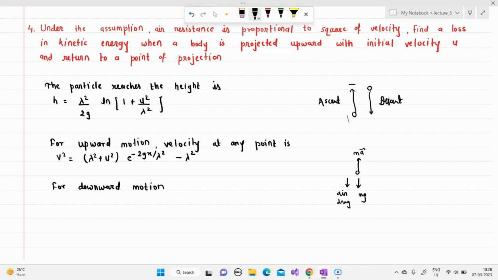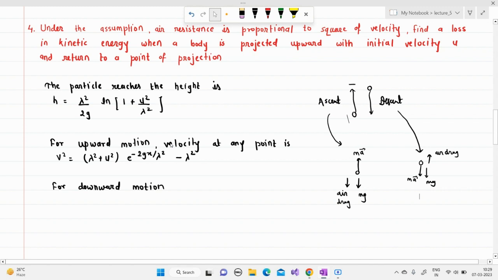This was the case of ascent. Now for descent, the body is coming downward, so the air resistance is upward. This is air drag, and net acceleration is downward, and mg, the gravity, is also downward. So only the difference will come in the air resistance term.